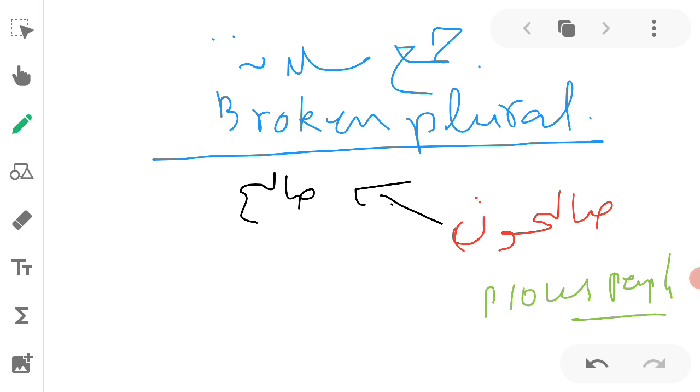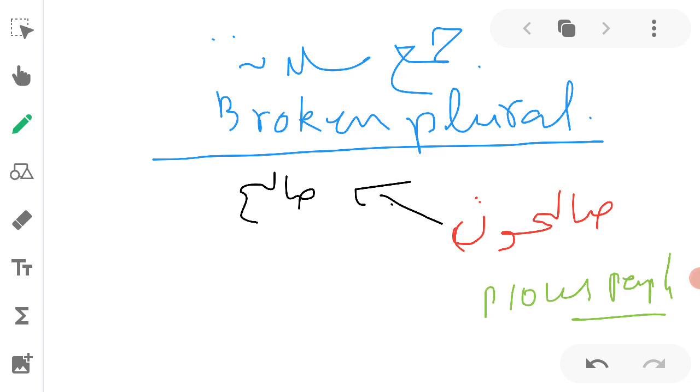Now if we have determined that it's a normal or simple plural, then we have to see whether it's a broken plural or unbroken plural, because simple plural has two types.